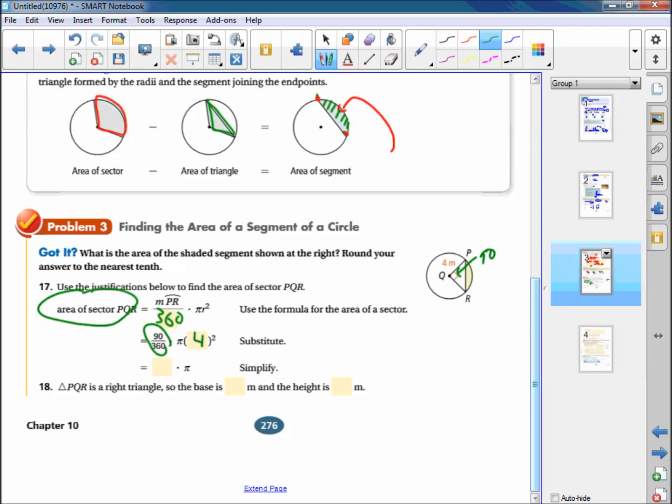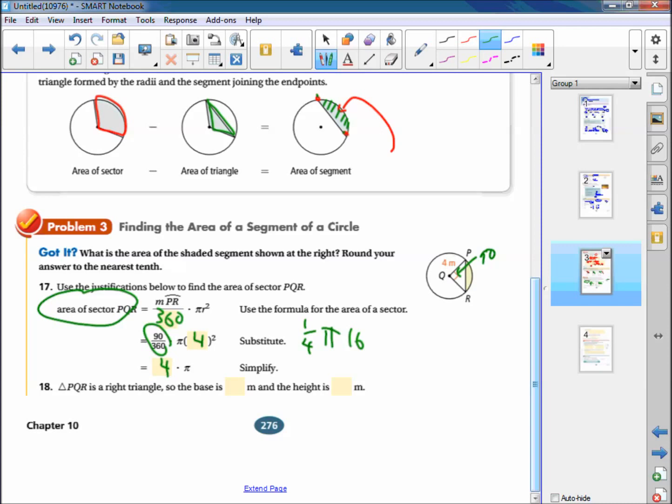So that's 1/4 times 16. Okay, so 90 over 360 will turn into 1/4 times pi times 4 squared is 16. No squared on there anymore. And then 16 times 1/4 will give me 4 pi. So that is the area of the whole sector.